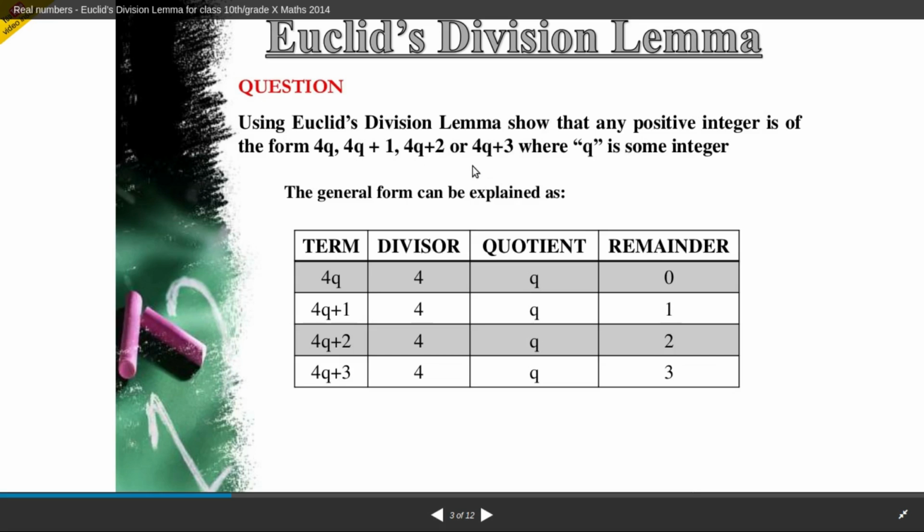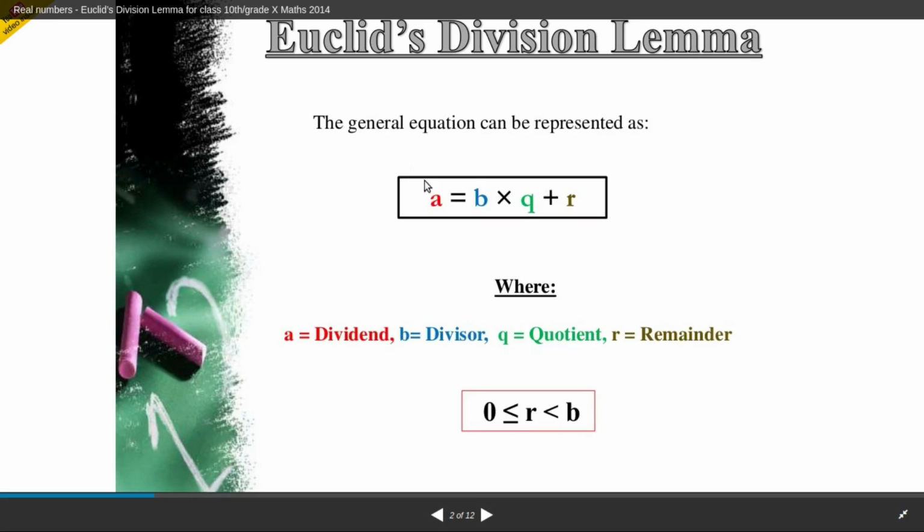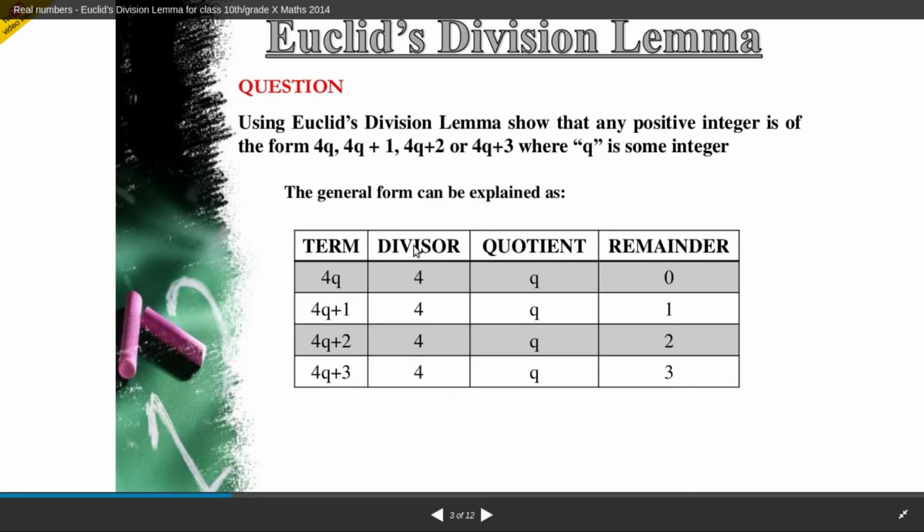Before solving, let's split these four terms: 4q, 4q plus 1, 4q plus 2, 4q plus 3. How do we split them? Similar to the expression b into q plus r. For 4q, we take 4 as the divisor, q as the quotient, and remainder 0.